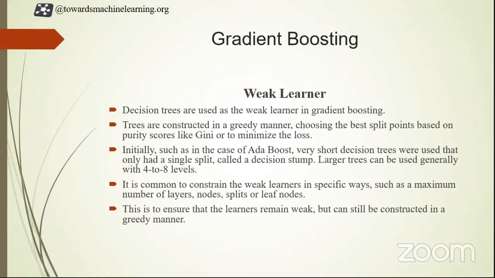You should make trees such that they remain weak, as they are weak learners, but still they can be constructed in a greedy manner. It is common to constrain the weak learners in a specific way, such as defining the maximum number of layers, nodes, splits, or leaf nodes. You can define all these things while building a decision tree for gradient boosting.